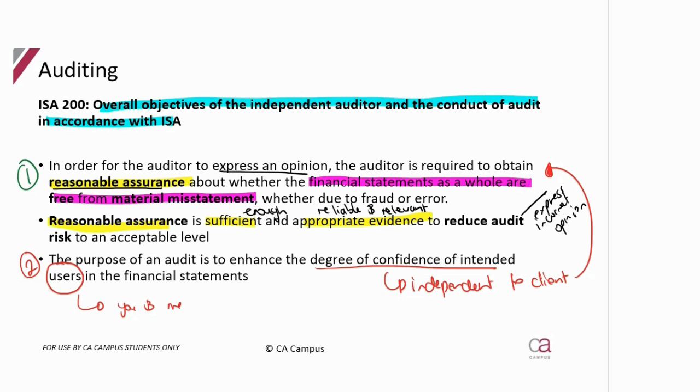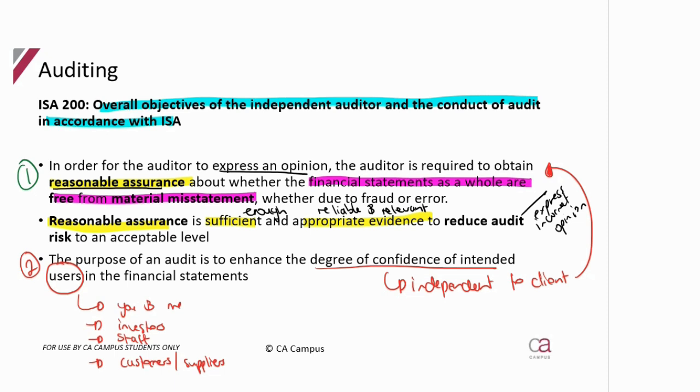So it's for you and me, it's for investors. It's for staff or potential staff. It's for customers and suppliers or potential customers and suppliers. They want to make sure that what these people are putting in their financials is actually reasonable.